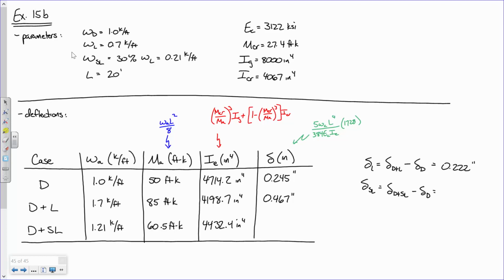So what are we getting for this one? 315. Do I have a second on that? So if we know that, what's our sustained live load deflection? So we'll say 0.070.